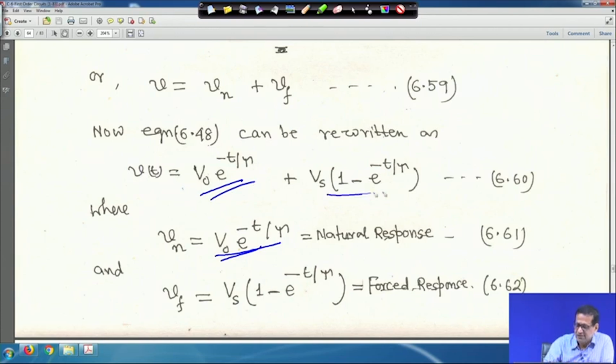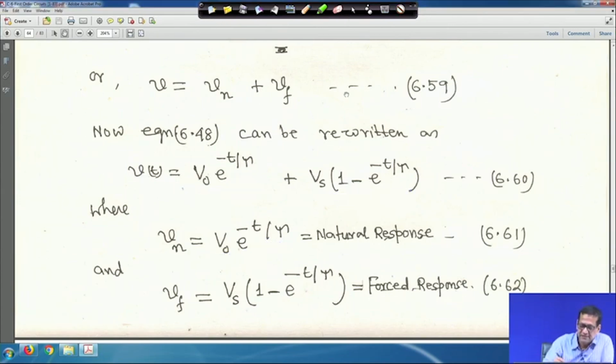And this is what we call the forced response, due to the external force, that is the voltage source. So Vn is equal to V0 e^(-t/tau), the natural response, and Vf is equal to Vs (1 minus e^(-t/tau)), the forced response.